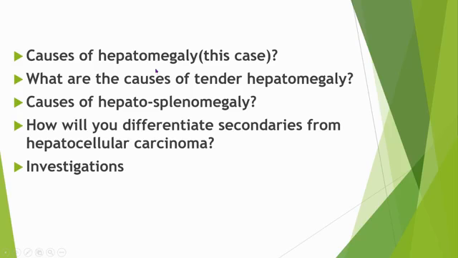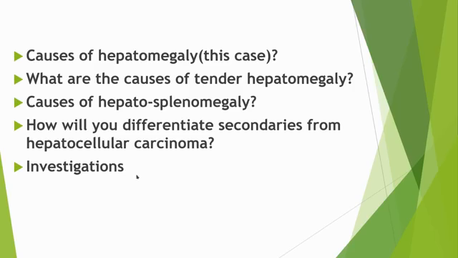What do you want to do next, or what is the relevant examination? I want to see the spleen, as hepatosplenomegaly may occur in so many diseases. I want to see if there is any ascites. Malignancy may be the cause, there may be secondaries in the liver, so I want to see the primary causes elsewhere. I want to see if there is any anemia or jaundice.